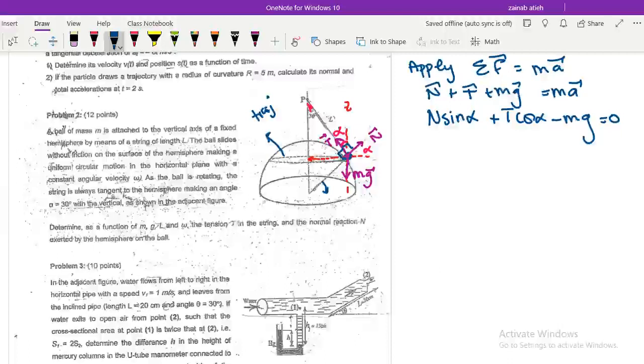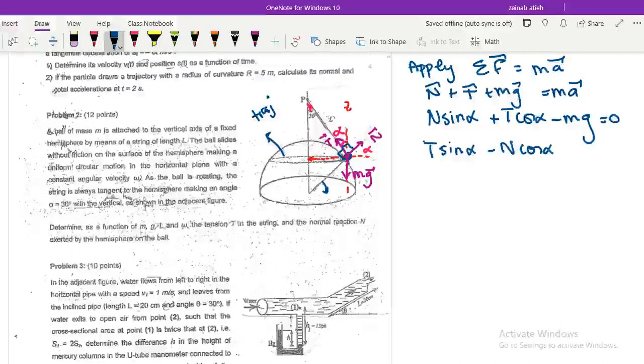N is unknown and T is unknown, so I need another equation to find them. Projecting along the centripetal, everything inside is plus and everything outside is minus. Inside I have a component of T, which is T sin alpha, minus N cosine alpha. Why minus N?